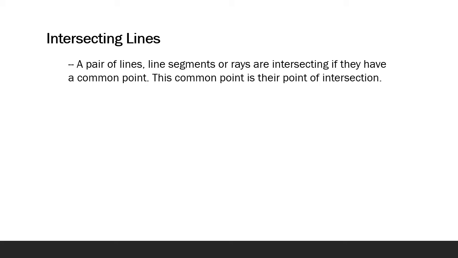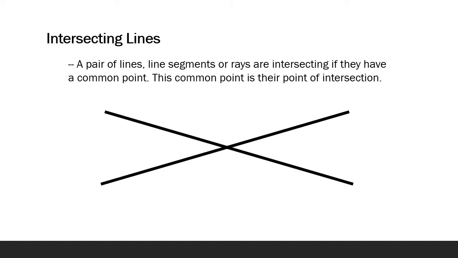This common point is their point of intersection. So we have here a line and a point in the middle. If a line passes through another line, we call them intersecting lines.